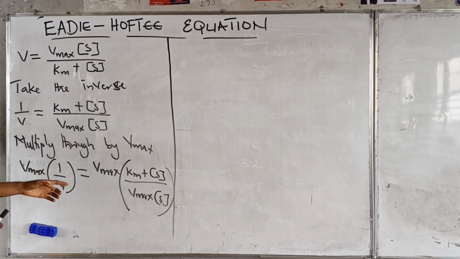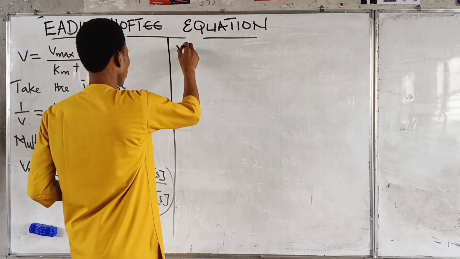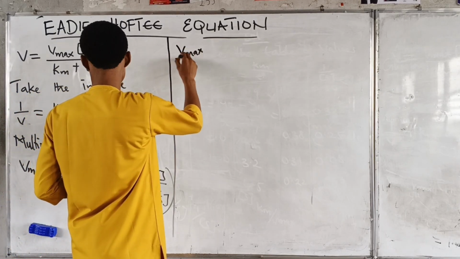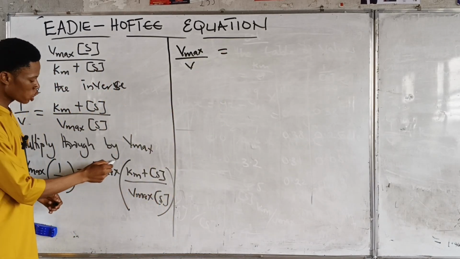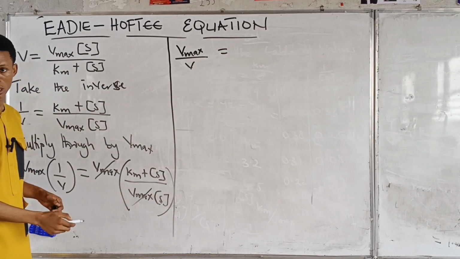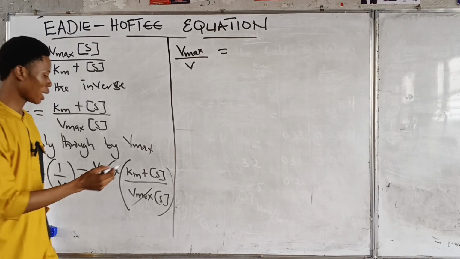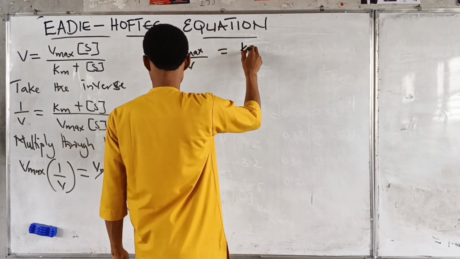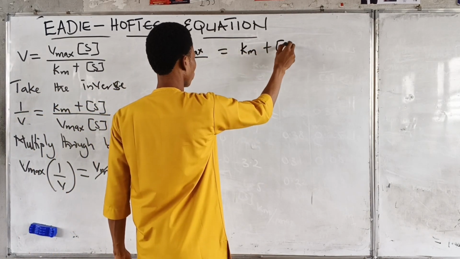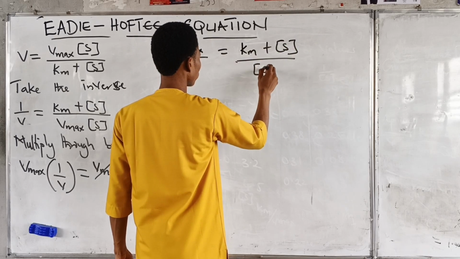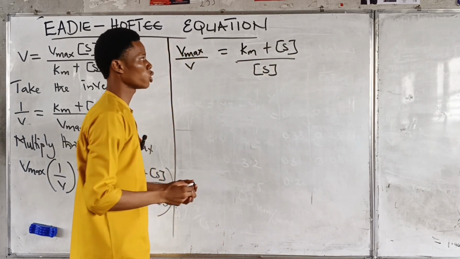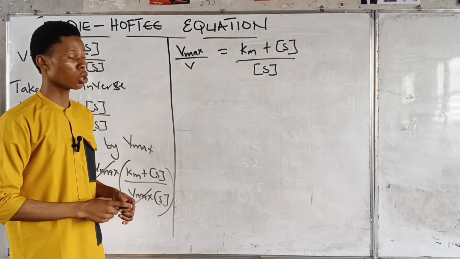Now if I expand this bracket, you agree with me that I'll be having Vmax over V equal to, now look up, can this Vmax cancel this Vmax here? It can, right? Yes, it can cancel. So we'll be having equal to Km plus S all over S. Is it not?